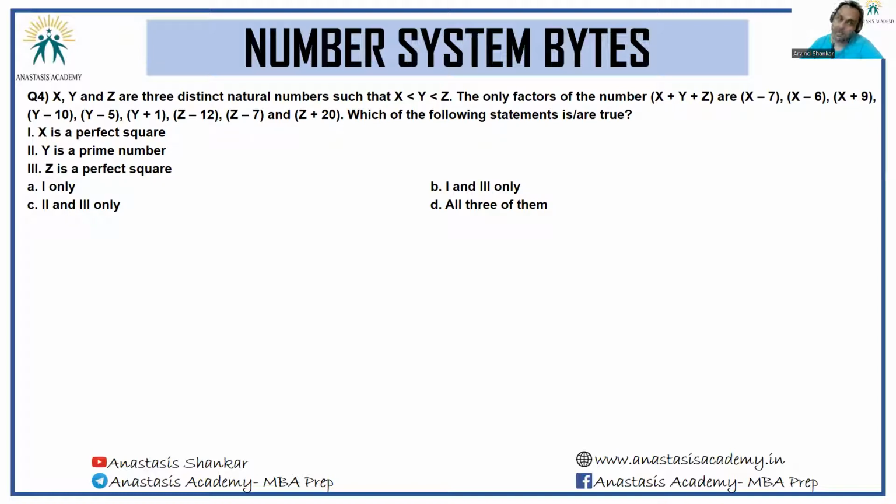X, Y, Z are 3 distinct natural numbers such that x is less than y is less than z. The only factors of the number x plus y plus z are x minus 7, x plus 6, x plus 9, y minus 10, y plus 5, y plus 1, z minus 12, z minus 7, and z plus 20.